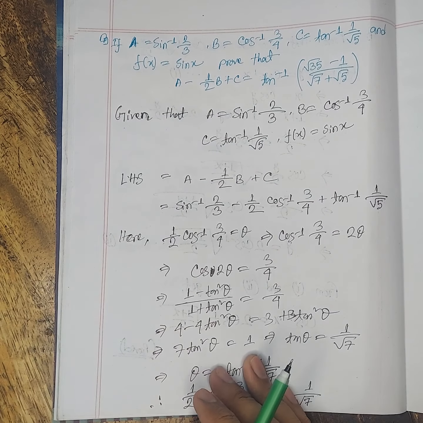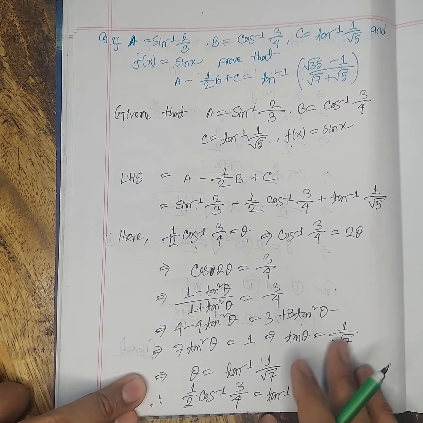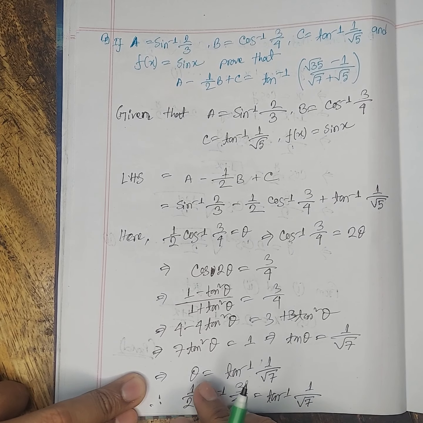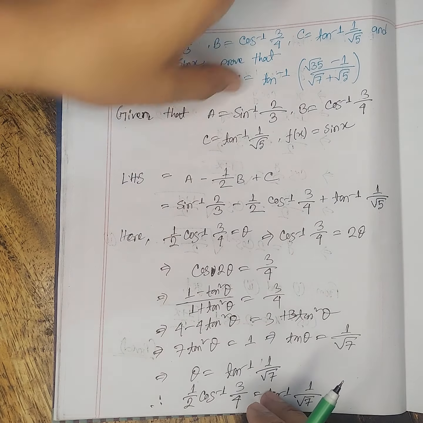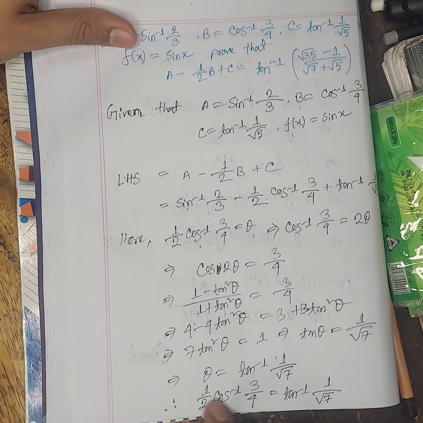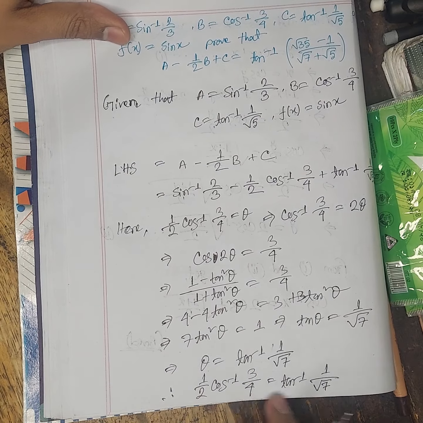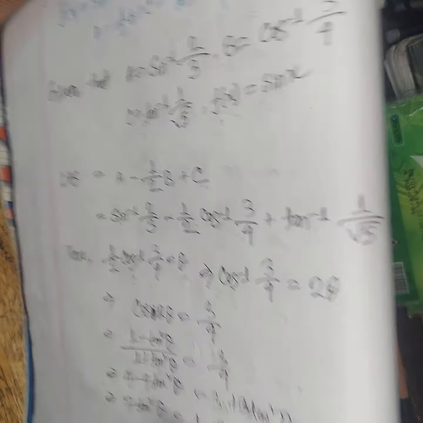Okay, so 7 tan square theta is equal to 1, so tan theta is equal to 1 by root 7, so we get theta is equal to tan inverse 1 by root 7. Now our right hand side: here we get half cos inverse 3 by 4 is equal to tan inverse 1 by root 7, so this right hand side will change.